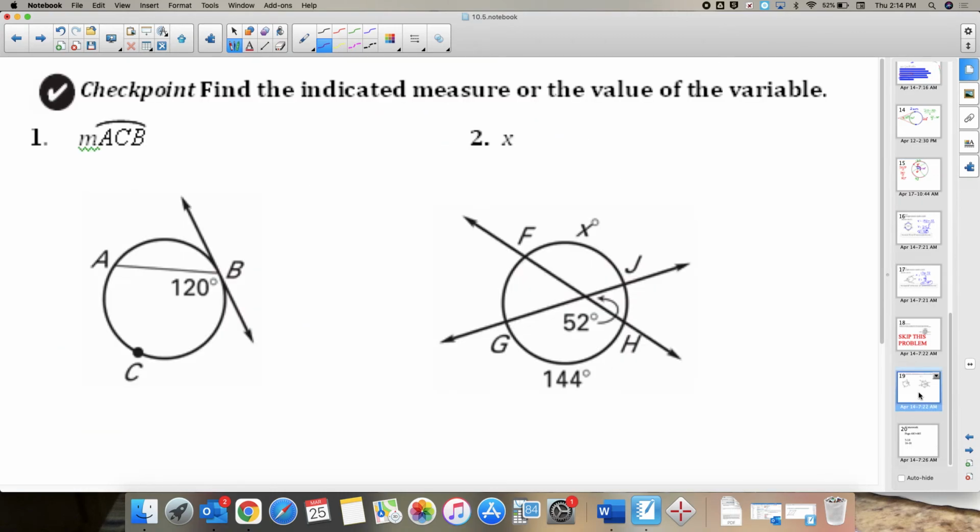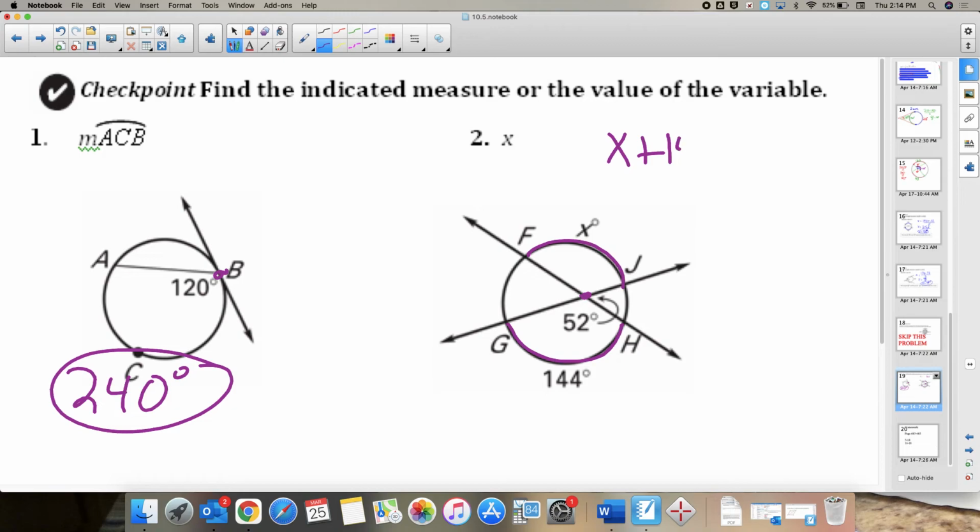Okay, so take a look at our checkpoint. Intersection on the circle is 1/2 the arc that it intercepts. So 120 is half of 240. In this case, intersection inside the circle, we add our arcs and divide by 2. X plus 144 divided by 2 has to equal the angle that makes those arcs.